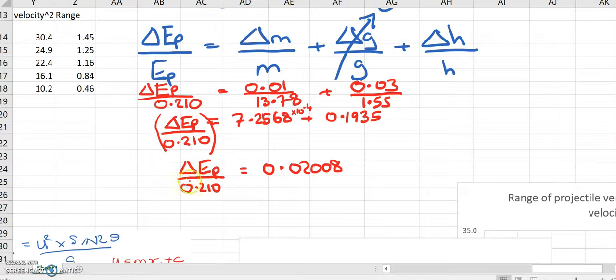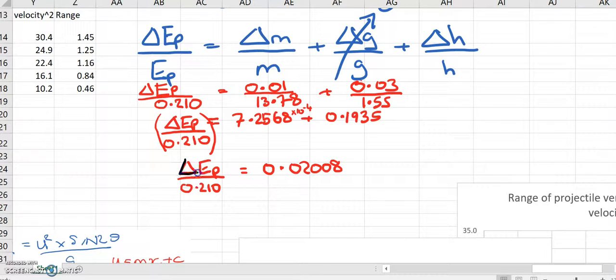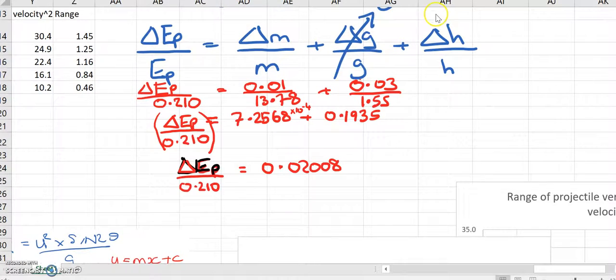Now I want to get rid of this down here because I want to end up with just the absolute uncertainty in the potential energy. The problem at the moment is I've got it as a relative uncertainty.